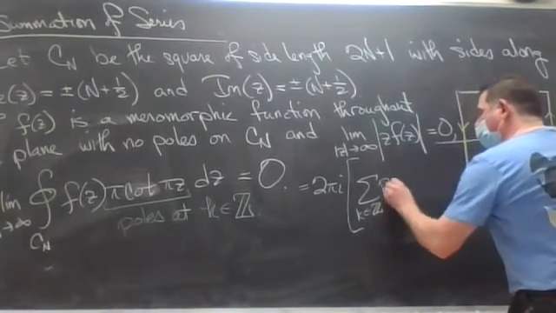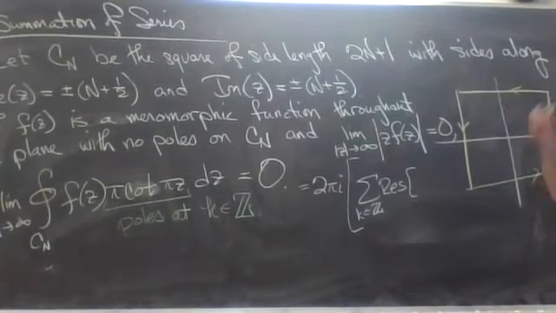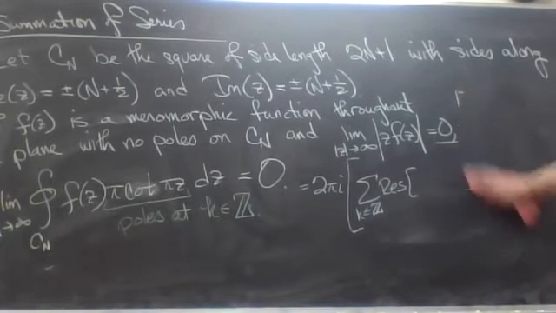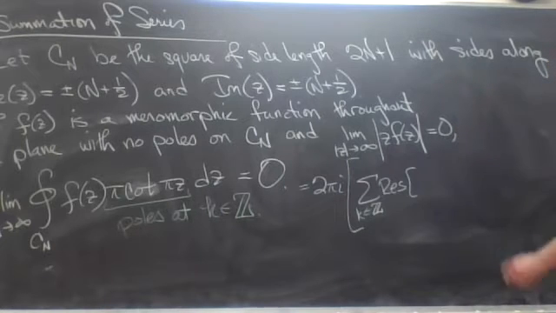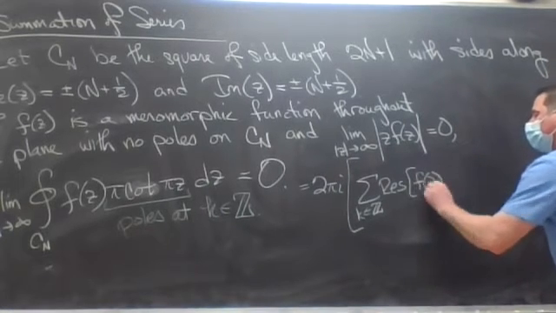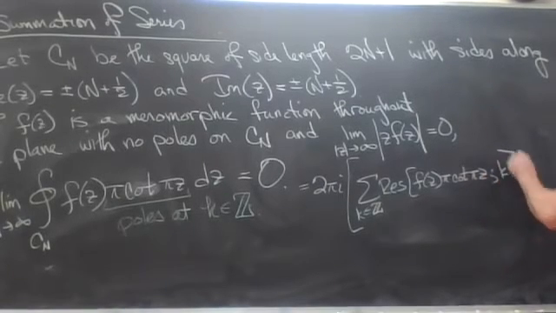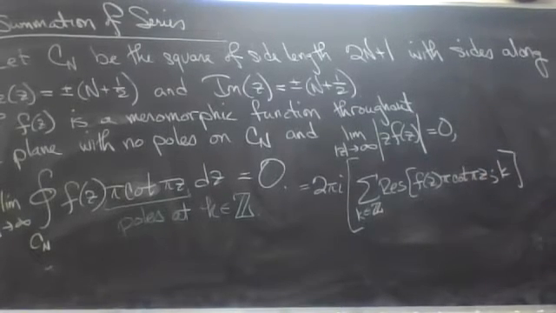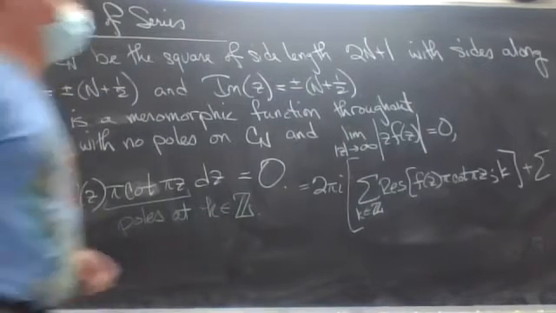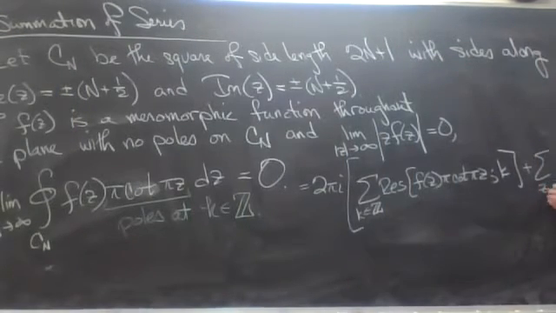So I'm going to have the sum of the residues of f of z pi cotangent pi z at all integers, plus the sum over all of the poles of f of z, which I'm going to call zk.